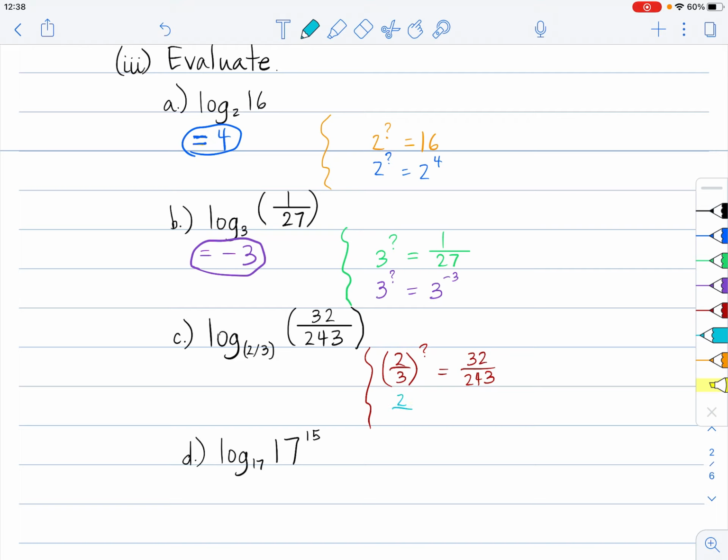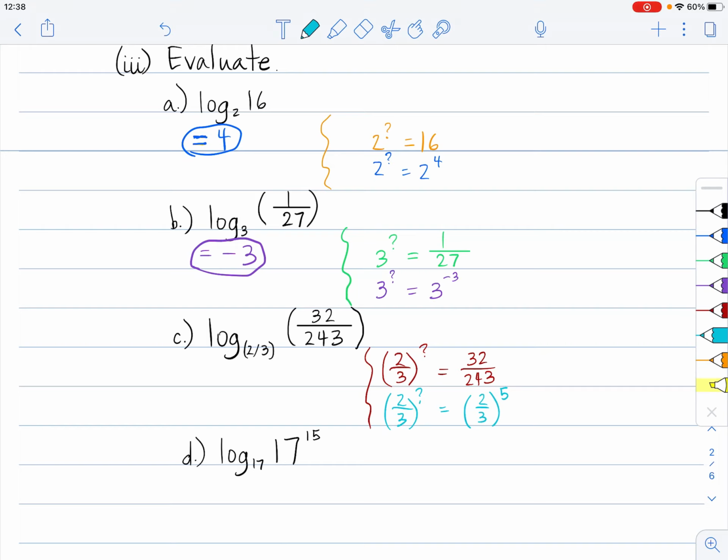Now, maybe I have no clue 3 to what power will give me 243, but maybe I know that 2 to the 5th is what gives me 32. Oops, I'm saying 5, so I wrote a 5. This is 2/3 to the 5th.